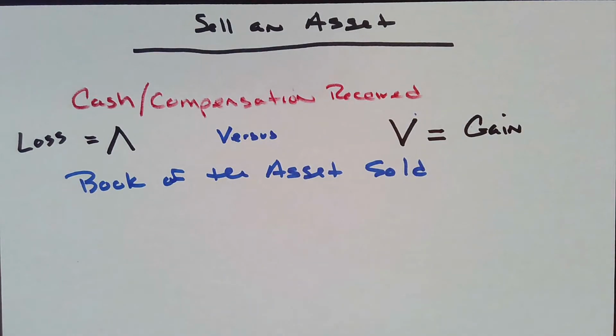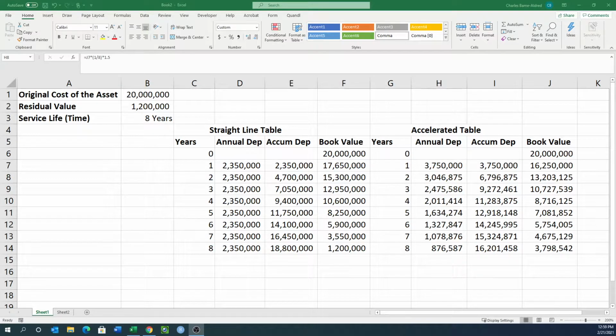So let's go back to our little example here, and let's say we did this 1.5 times the straight line rate for depreciation, as we see here, and I sold this for what I thought was going to be the residual value, 1.2 million. Maybe I was able to sell it for 1.9 million. I had a buyer. I remember this 1.2 million up here is an estimate, and I sold it for 1.9 million.